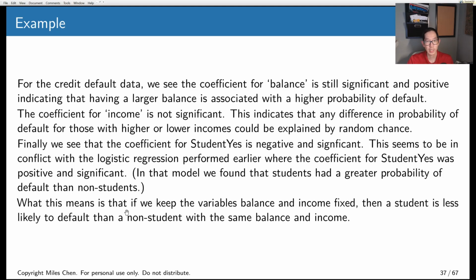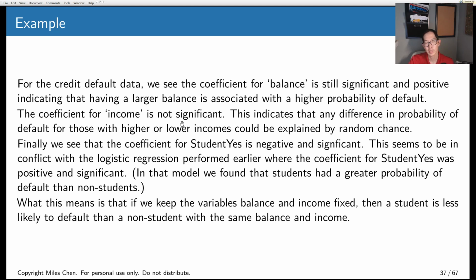Okay, so for this credit default data, we see that the coefficient for balance is still significant and still positive, indicating that a larger balance is associated with a higher probability of default. The coefficient for income is not significant, which indicates that any difference in probability of default for those with higher or lower incomes could just be explained away by random chance.